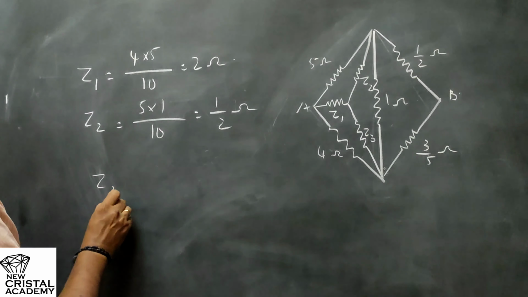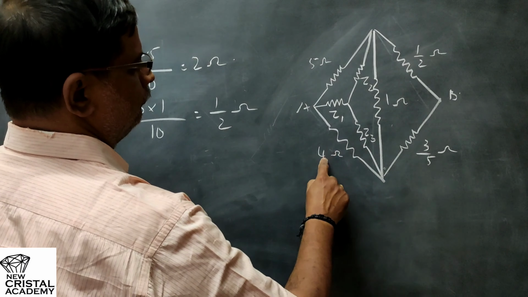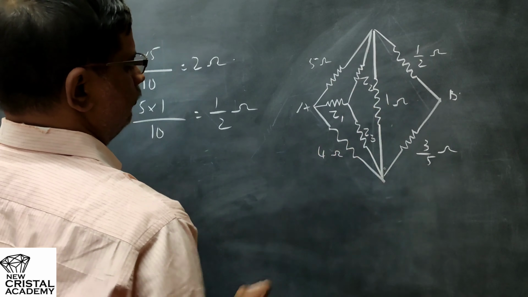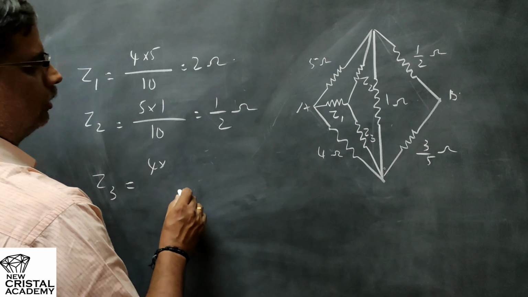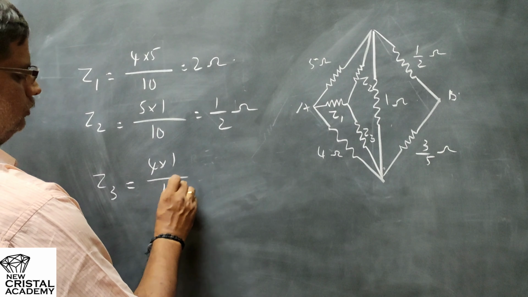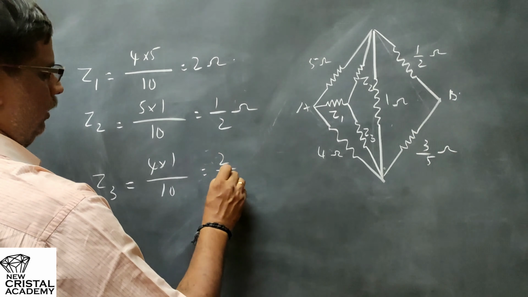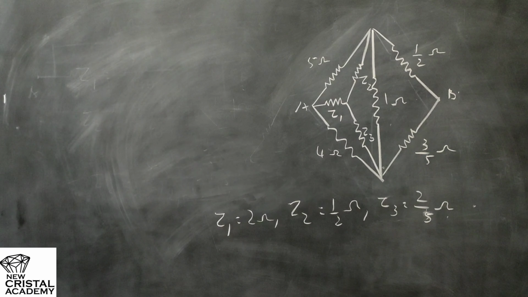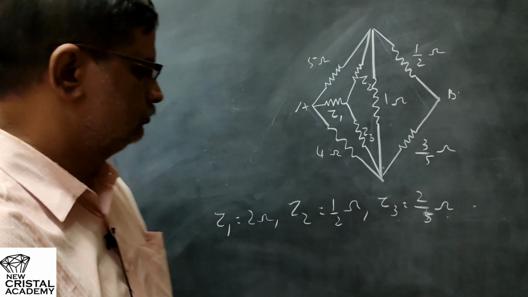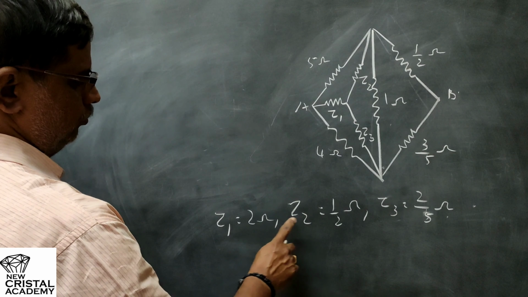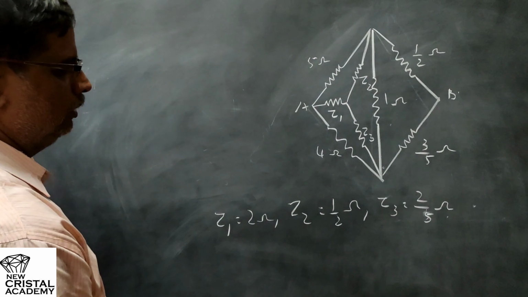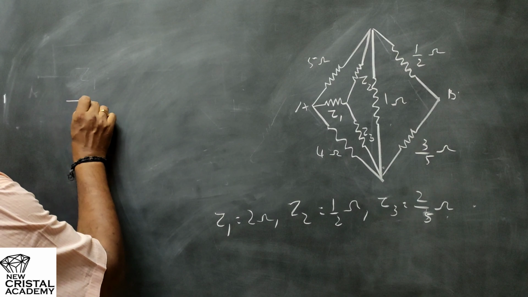And finally Z3 equal to 4 into 1 divided by 10, which is equal to 2 by 5. So we have obtained the values of Z1, Z2, Z3 as 2 ohm, 1 by 2 ohm and 2 by 5 ohm. Now let us redraw the circuit.